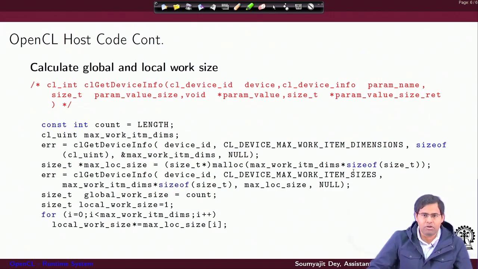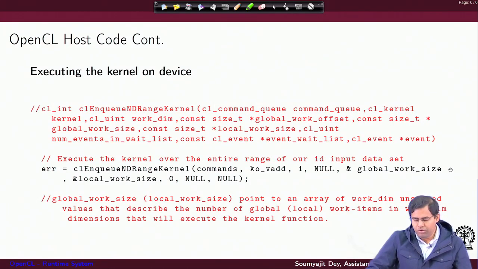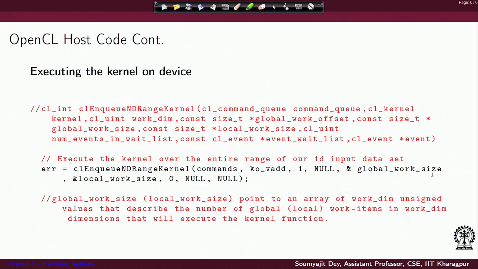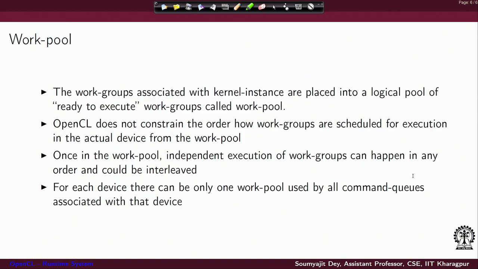Essentially, we figured out the maximum work group size supported by the device. If we pass it here, then we expect the device to execute very efficiently. It will pack as many threads as possible in the local work groups and execute them, right. So, that gives you the most efficient execution.